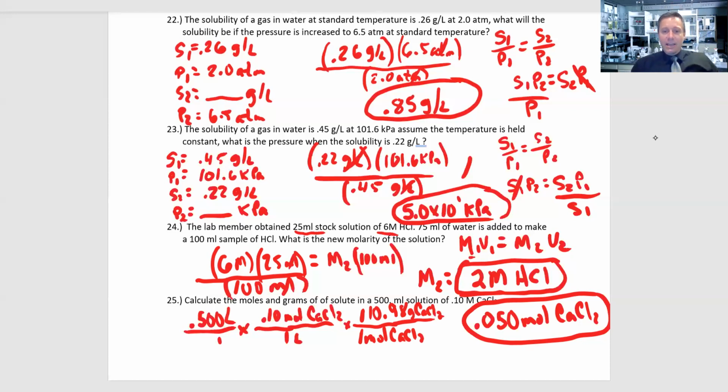All right, so now I can get my grams and I solve this one. So 0.500 times 0.10 times 110.98. So once again, 2 significant figures. I have 5.5 grams CaCl2.